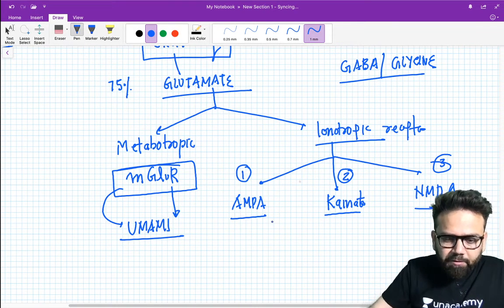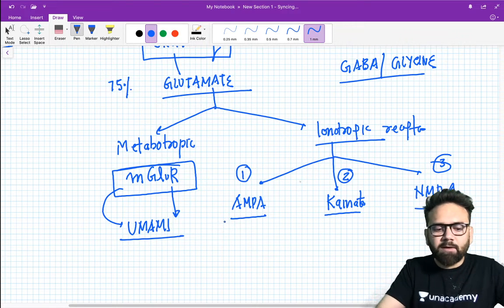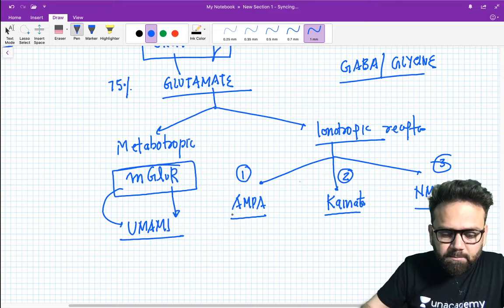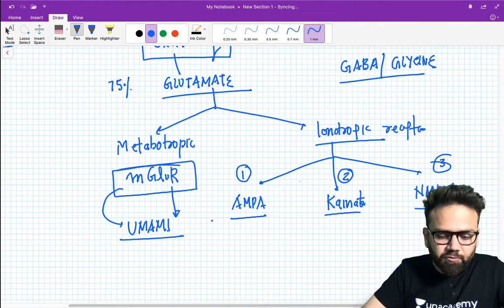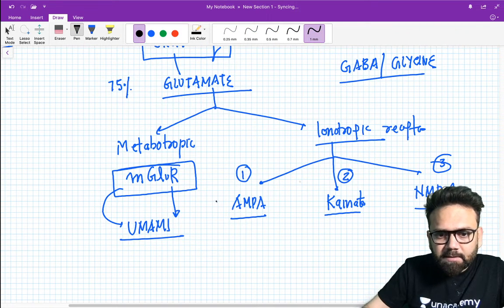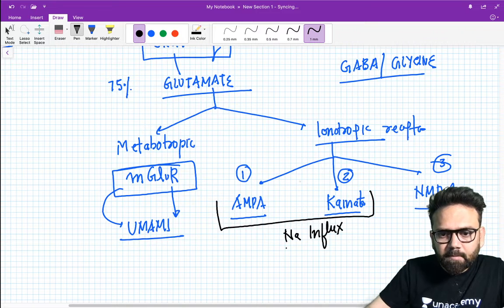Now, which causes influx of sodium and which causes influx of calcium? You should remember that sodium influx is mainly by AMPA and kainate, and NMDA causes calcium influx.